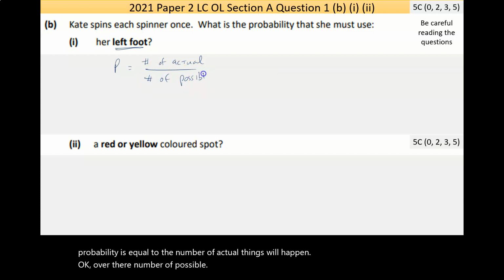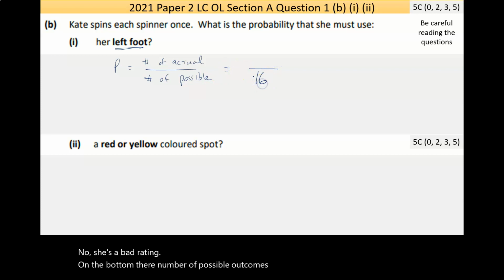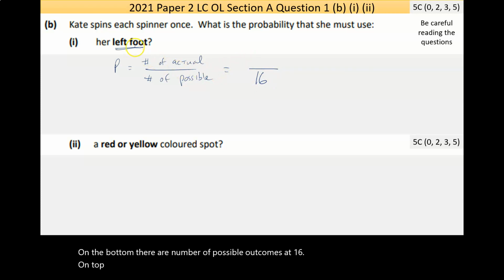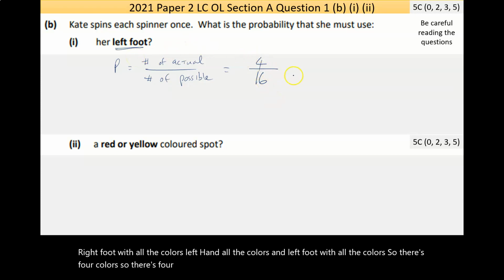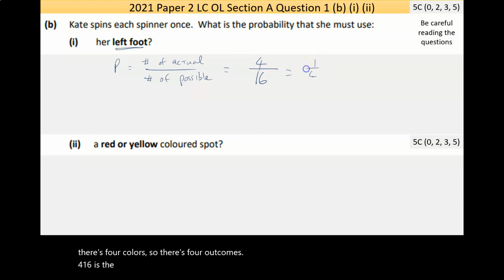Now, excuse the bad writing. On the bottom there, the number of possible outcomes is 16. On top, how many would involve the left foot? So you think about the right hand with all the colors, right foot with all the colors, left hand with all the colors, and left foot with all the colors. So there's four colors, so there's four outcomes. Now 4 over 16 is the same thing as 1 over 4. Okay, so there's a 1 in 4 chance.